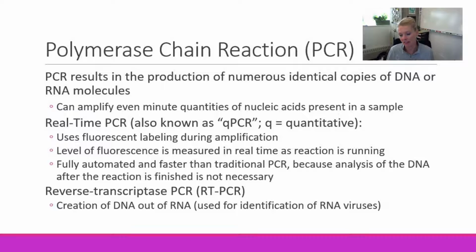The deal is that PCR amplifies DNA, so if you're pulling genes from an RNA virus, you have to first convert them to DNA to make copies of it. But anyway, the process is the same. It's DNA amplification, looking for the presence of a certain set of genes, which would indicate that a pathogen is present.